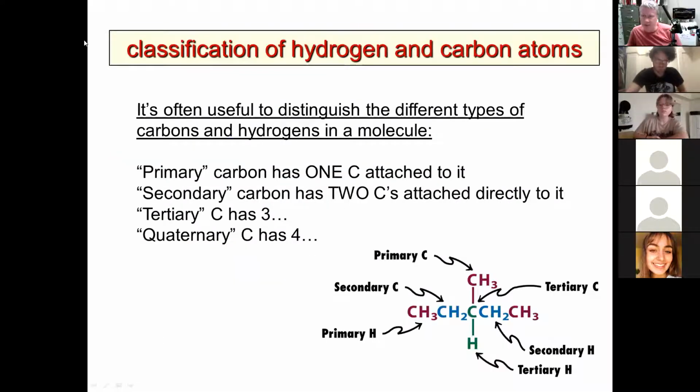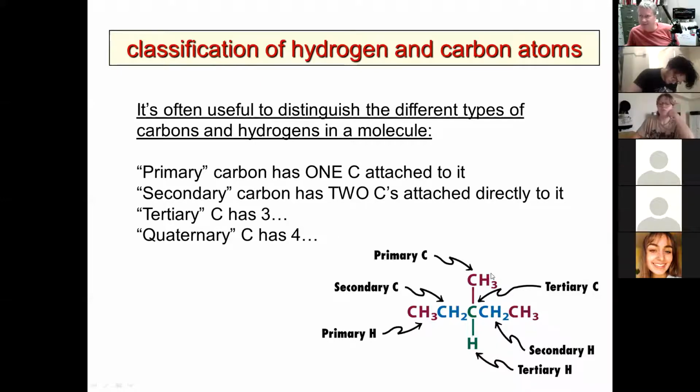All right, so this is a little nomenclature issue. It's useful to distinguish the different types of carbons and hydrogens in a molecule. A primary carbon has one carbon attached to it.